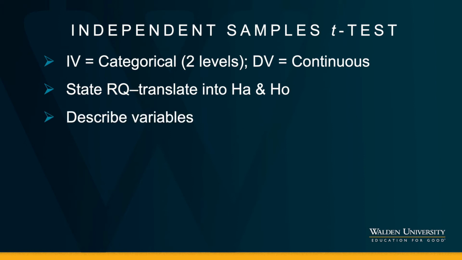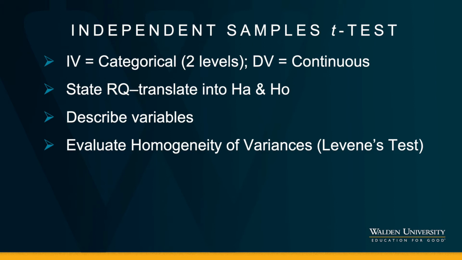When we have that output, we can then describe the variables. And an important assumption comes into play with the independent samples t-test, and that's called the homogeneity of variances, also known as the Levene's test. In order to understand what exactly we have to report from the t-test results, we shall first evaluate how equal the variances are between those two groups of the sample, that independent variable.